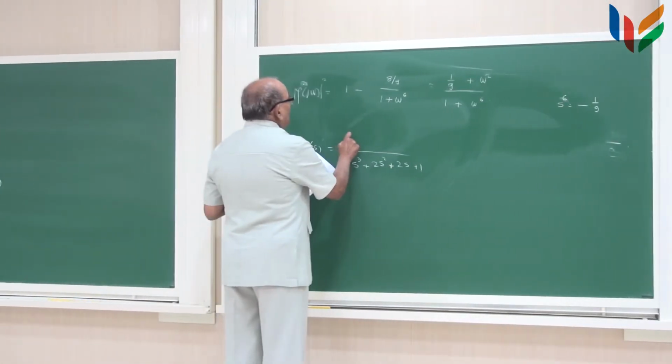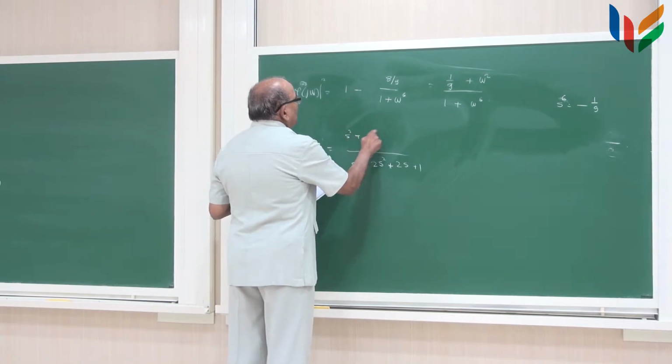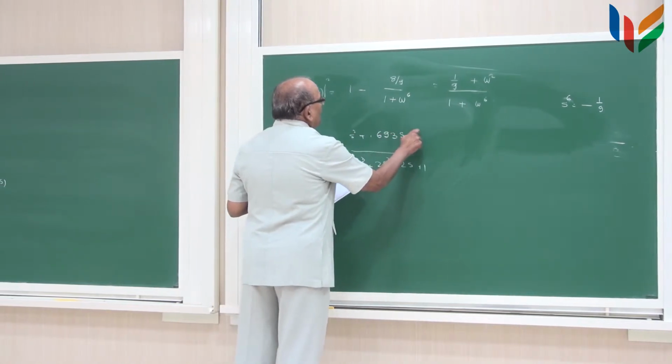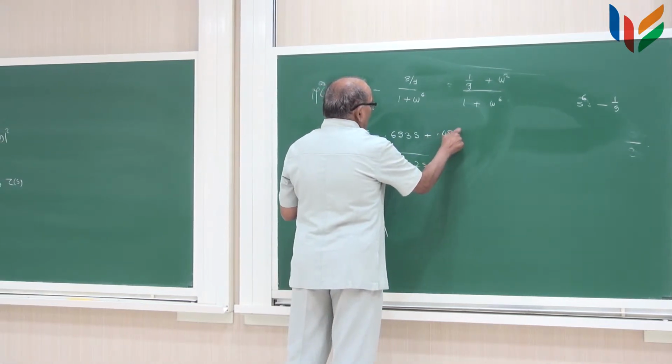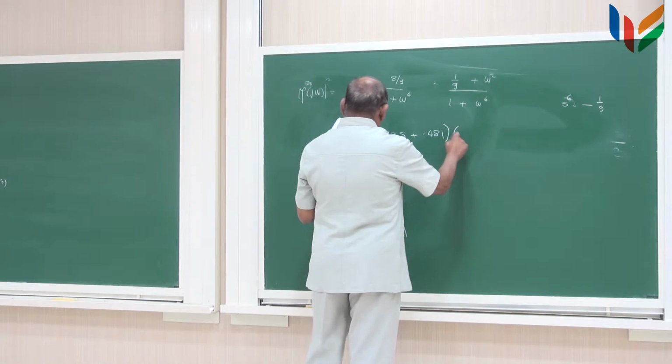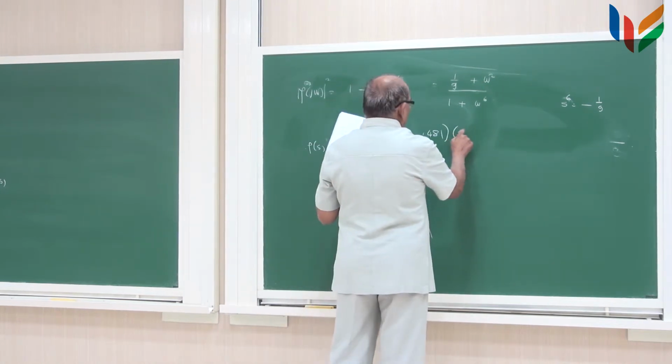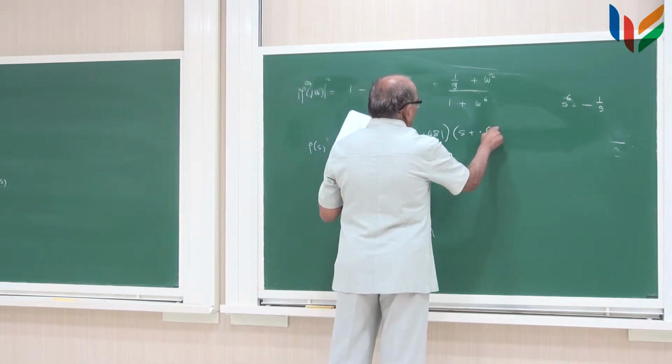S square plus 0.693 S plus 0.481 into S plus 0.693.